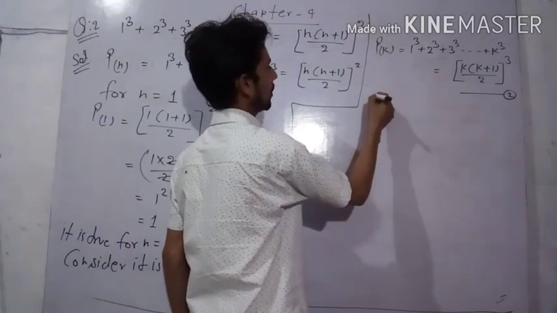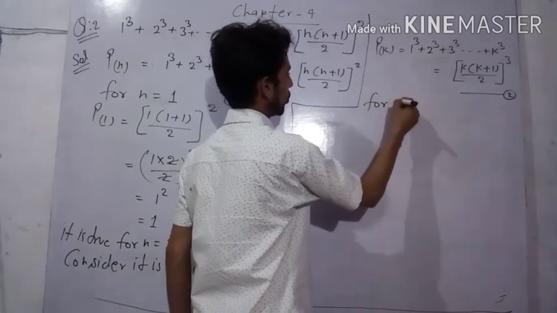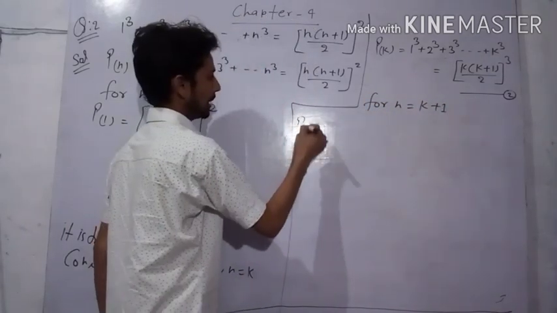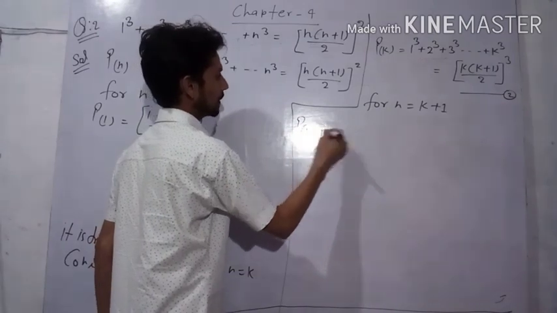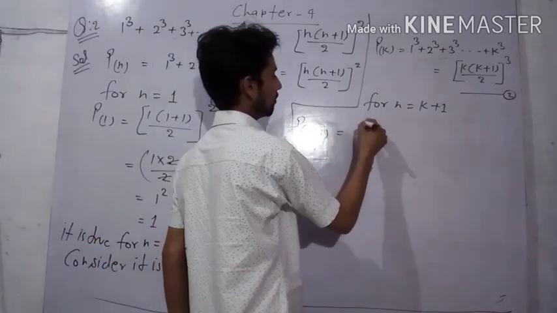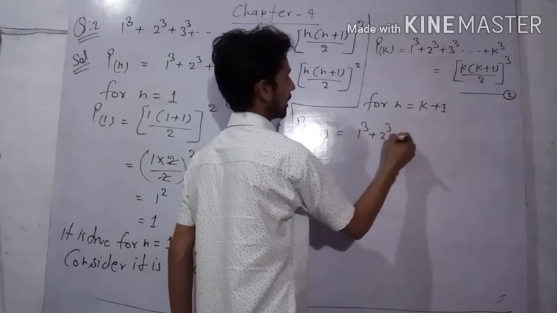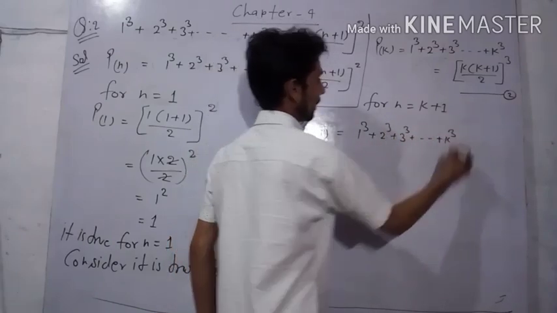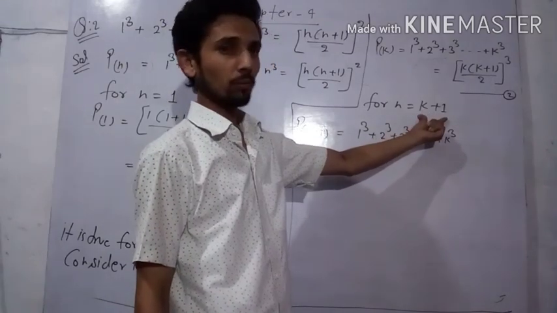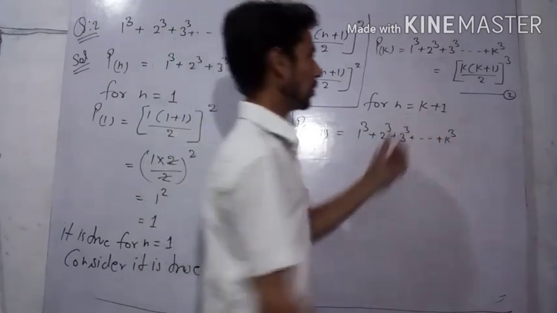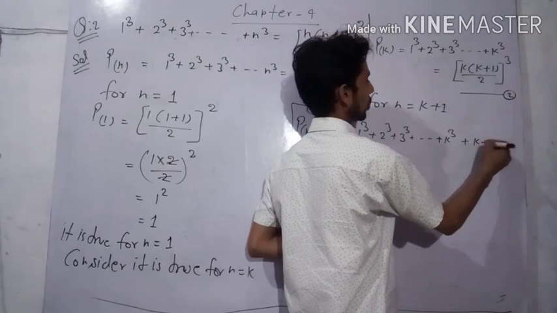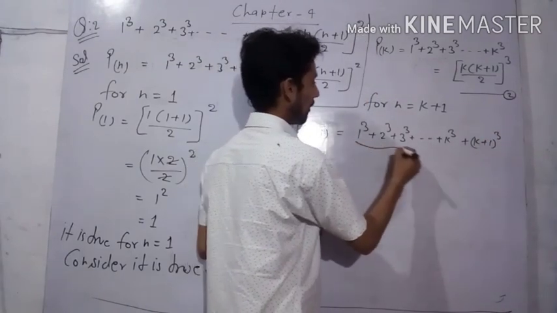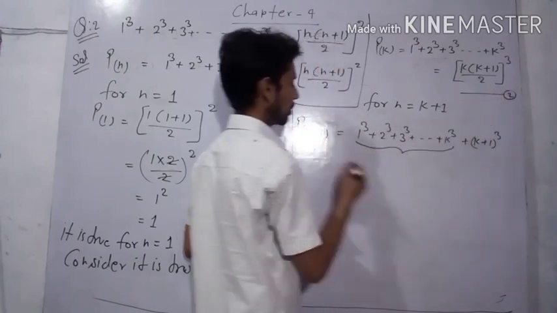So for n equals to k plus 1, Pk plus 1 is 1 cube plus 2 cube plus 3 cube dot dot dot k cube, and one more term here, k plus 1 cube. As we know, the value of this is given.